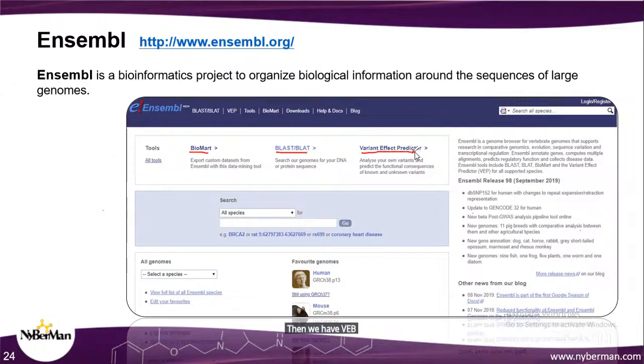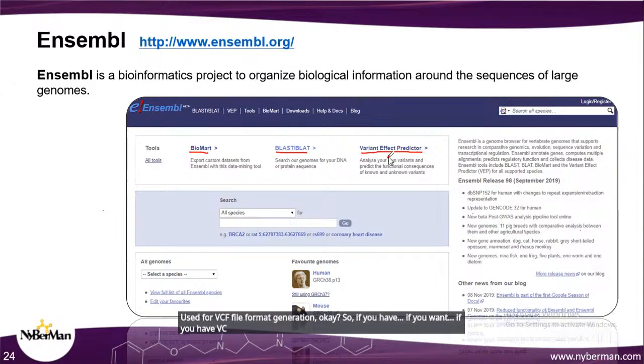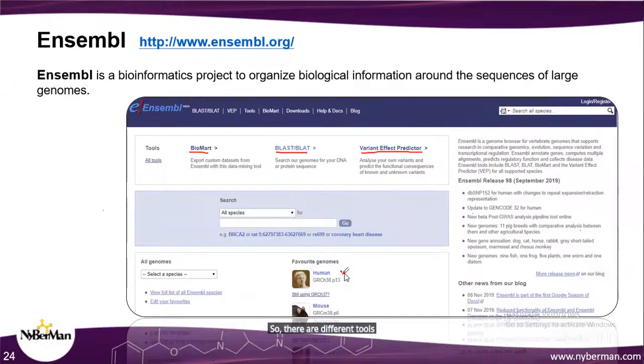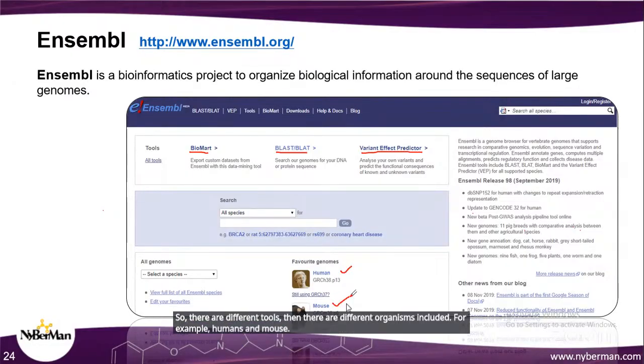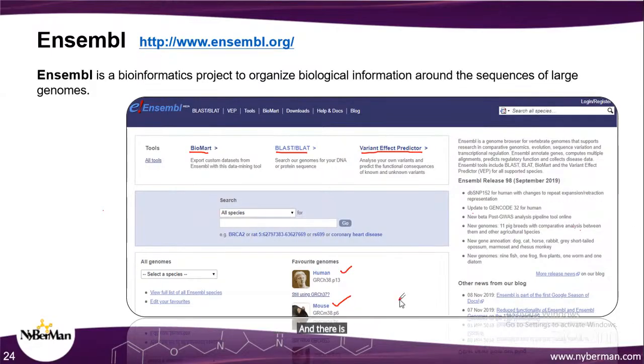The VEP tool is the Variant Effect Predictor, which is used for VCF file format generation. So if you want a VCF file from the gene list that you have in hand, then you can use this tool. There are also different organisms included, for example humans and mouse, and zebrafish also, below this.